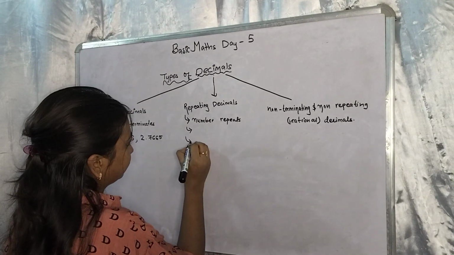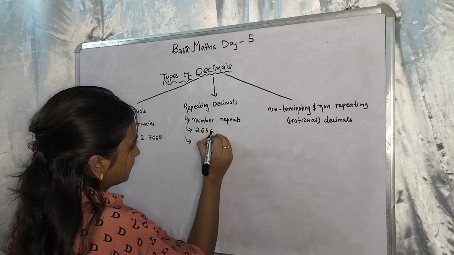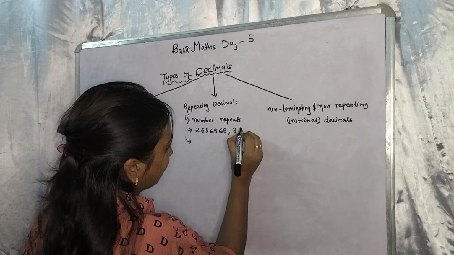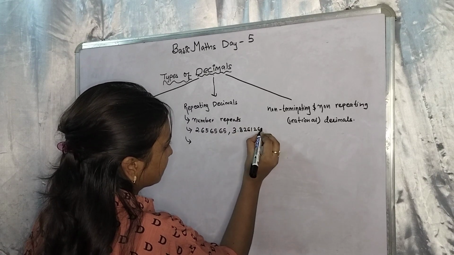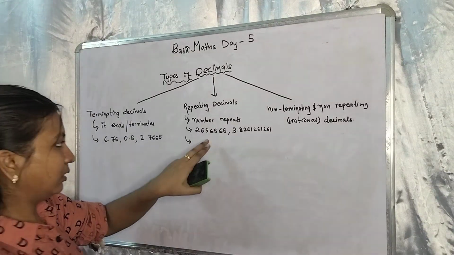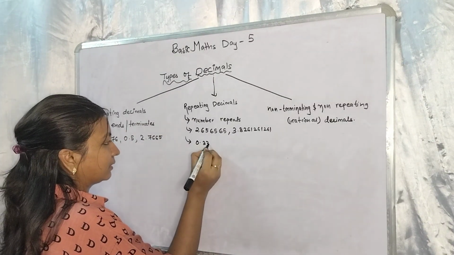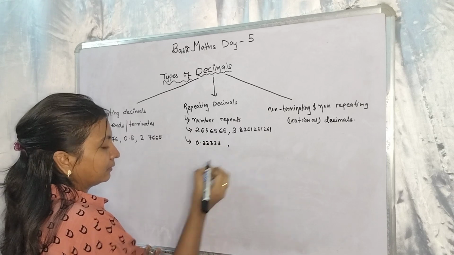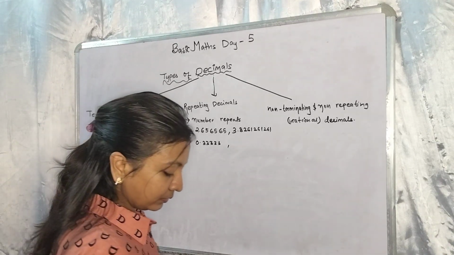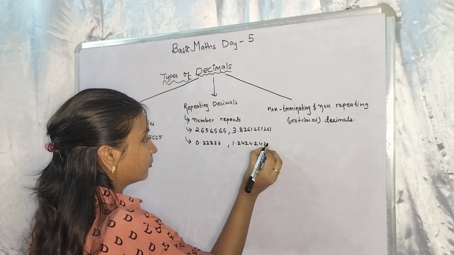For example, 2.656565, 3.8261261, 0.33333, or 1.24242424.